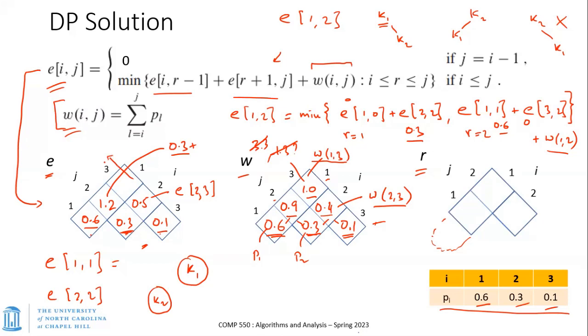So this value over here. So 1.5, and how did you get that? Say that again, you took the minimum of what? Okay, 2, 3 and 1, 2, exactly right. That was the minimum of 0.5 versus 1.2, that's 0.5.